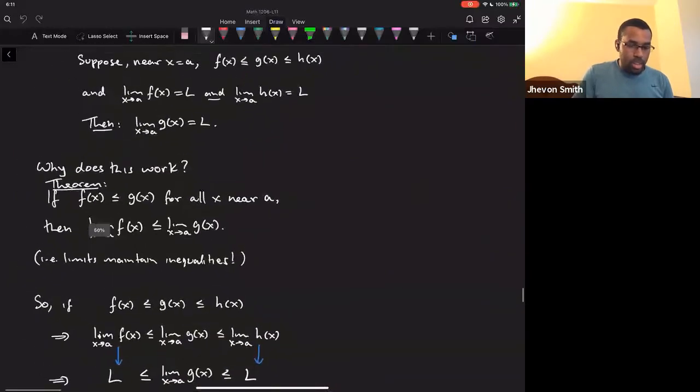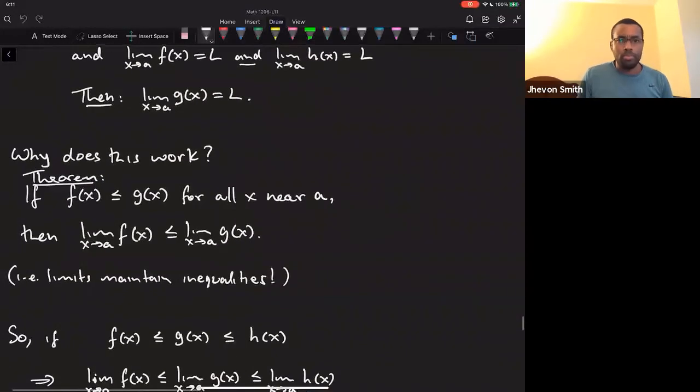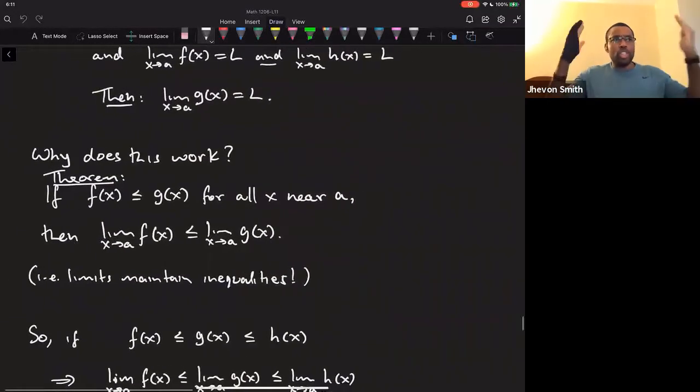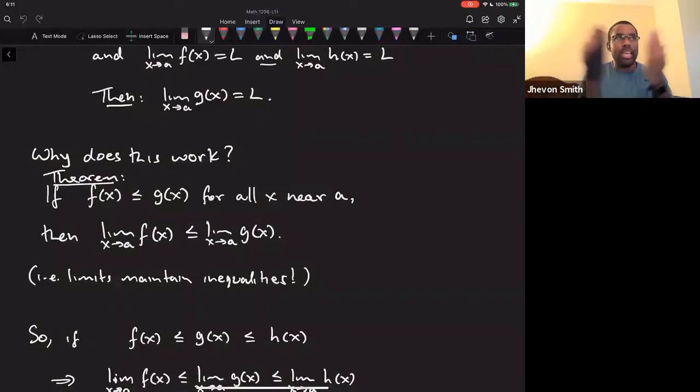special technique. Another special technique was squeeze theorem, which basically tells you if you can squeeze your limit between two things and those things go to the same number, it forces your limit to go to that number. It's usually very useful with trig functions. So if you have a limit with trig, squeeze theorem is one of the things you'll think about first.